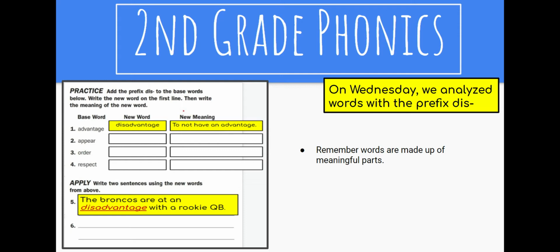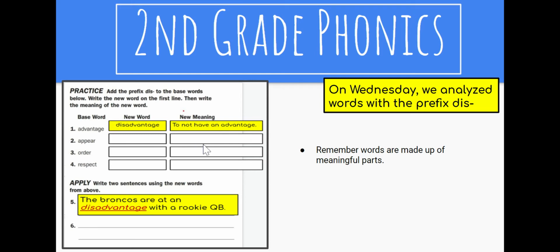Two, even if there are some second graders that aren't following the direction of watching the video, there are directions here. The practice was to look at the base word, add the prefix dis to this base word, and then write the new word here, then write the new meaning of the word.